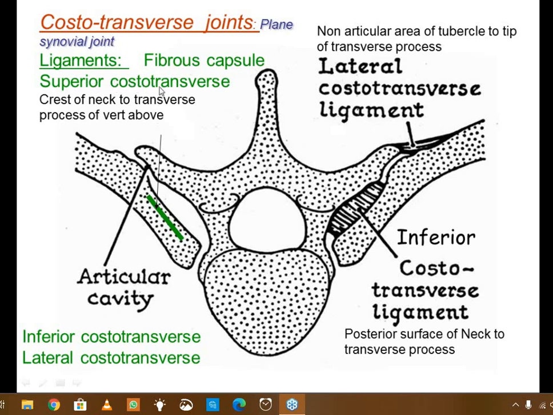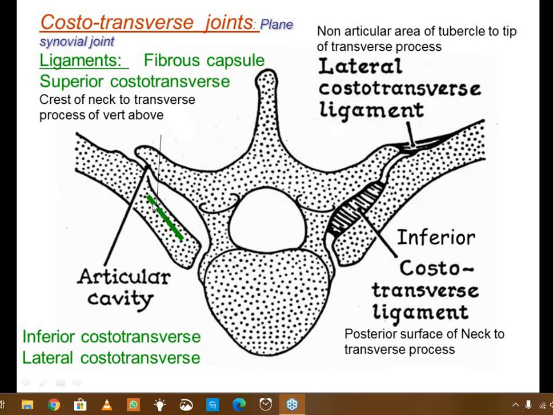The superior costotransverse ligament arises from the upper border of the neck of the rib, and goes from the crest of the neck of the rib to the transverse process of the vertebra above. Suppose this is the fifth rib and this is the fourth thoracic vertebra.